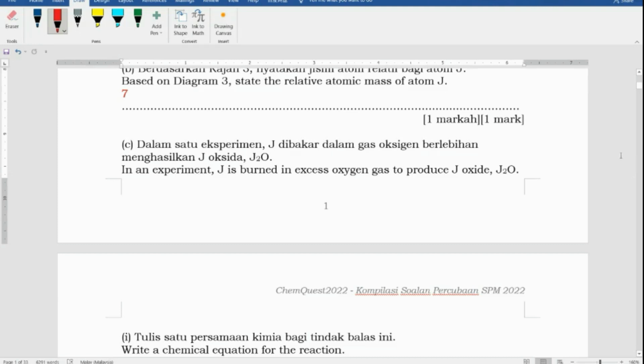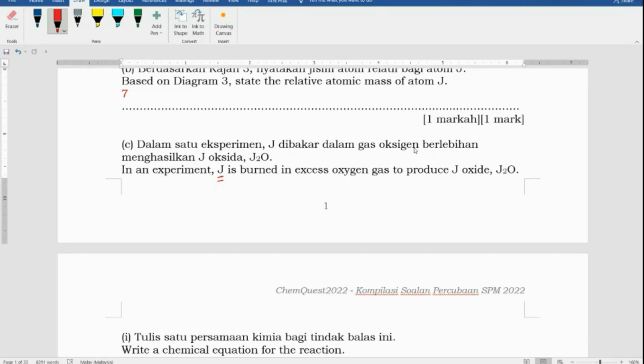Okay, thank you, Faris. So J here is 7. If you look into the periodic table, 7 is lithium, so this J is lithium.